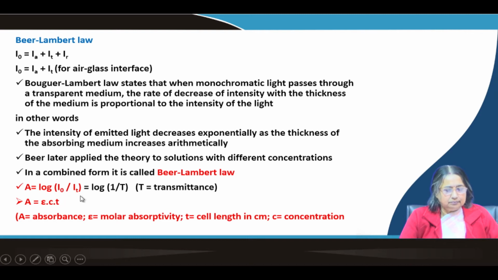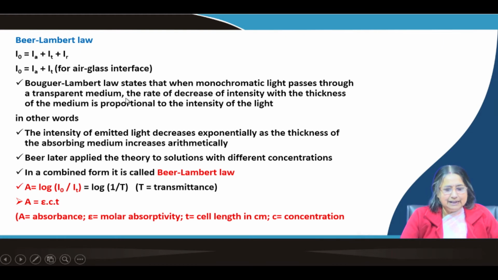And Beer, another scientist, extended this. Beer later applied the theory to solutions with different concentrations. So, by combination, it is called Beer-Lambert law.